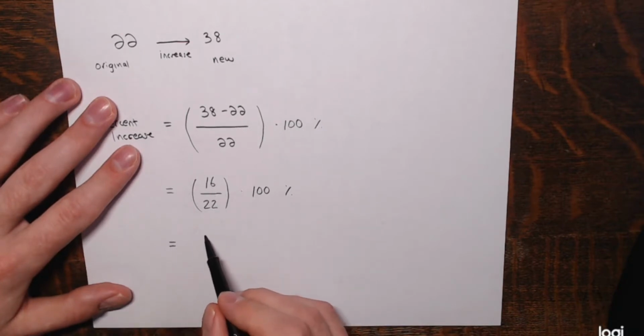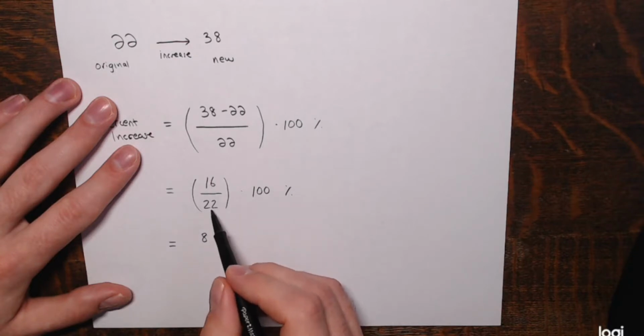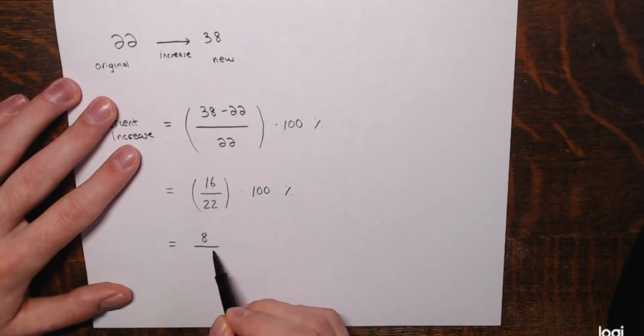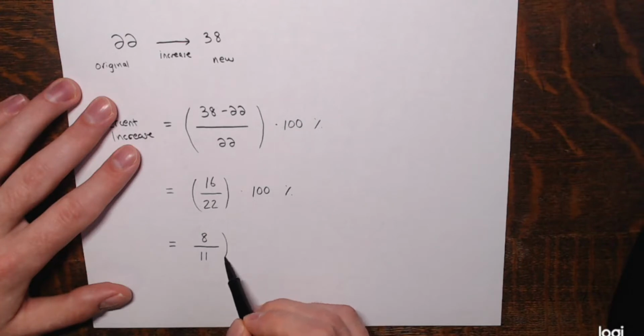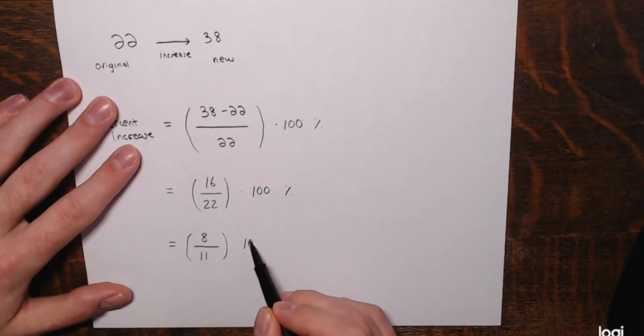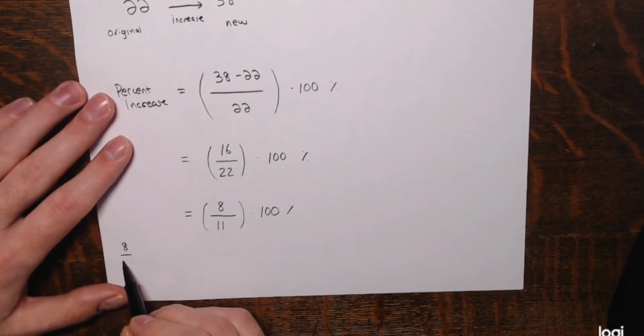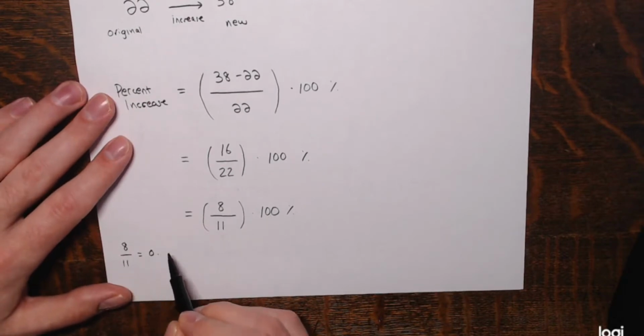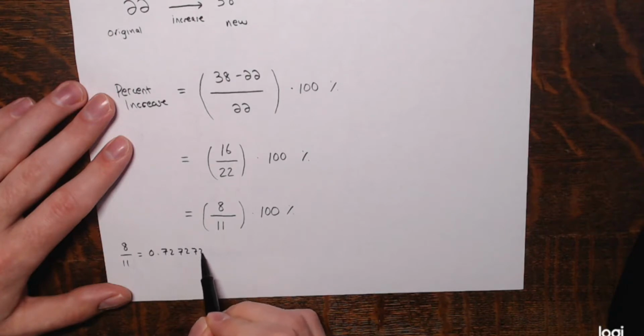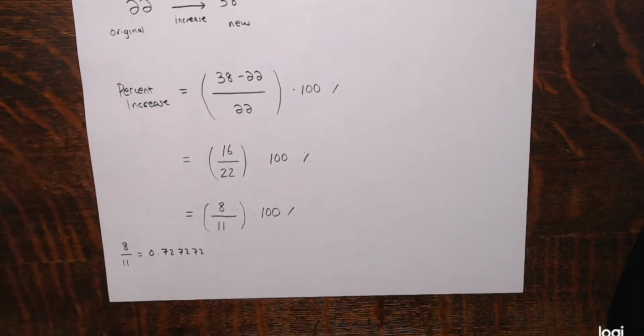This is 2 times 8, this is 2 times 11. 8/11ths, and then change to a percentage. Now, 8/11ths is 0.72 repeating, 727272. Let me just double check with my calculator off to the side here. 8 divided by 11, yeah, it's 72 repeating.